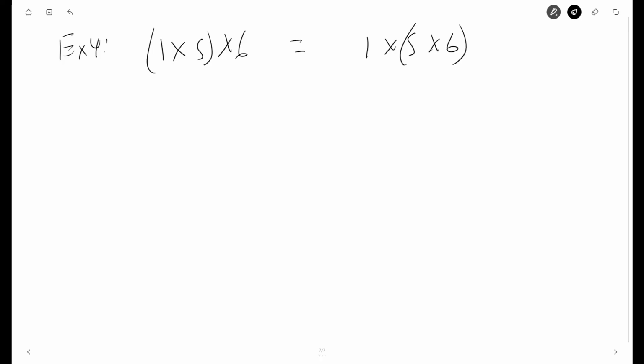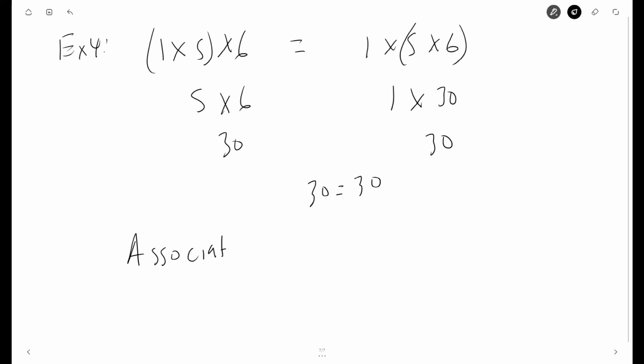That means that 1 times 5, that's 5, times 6, that's 30. Then 5 times 6, that's 30. And then 1 times 30, that's 30. So 30 equals 30. So that's called the associative property of multiplication.